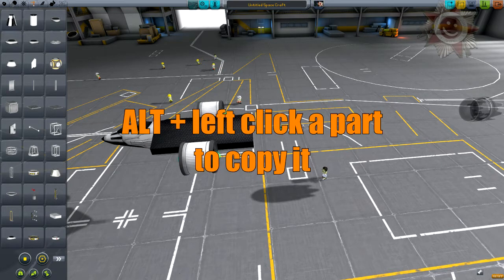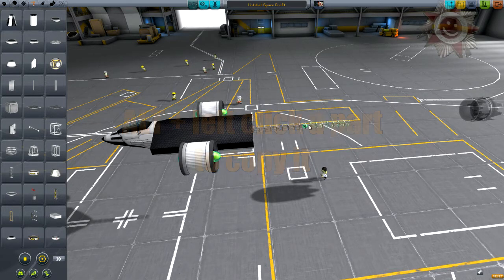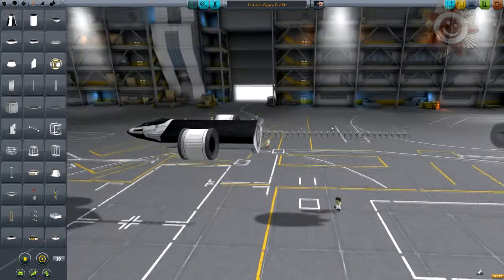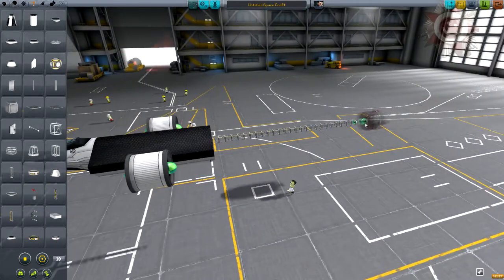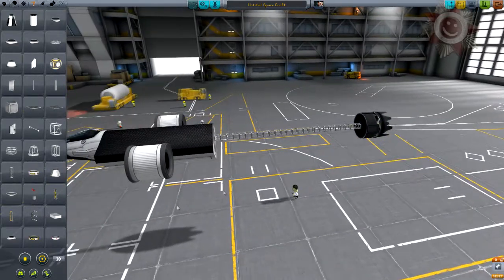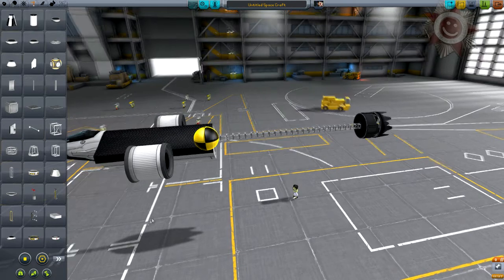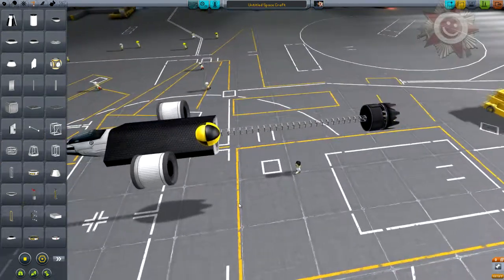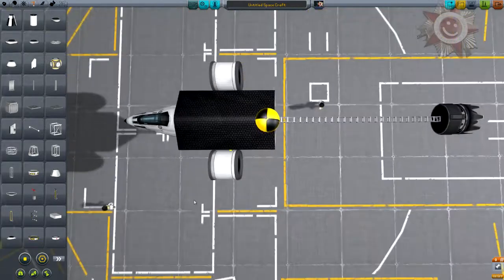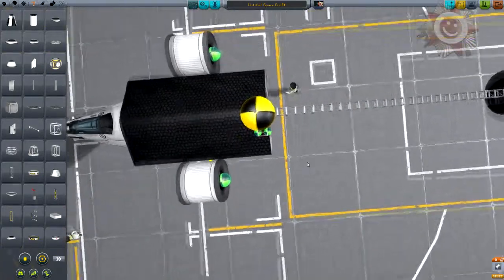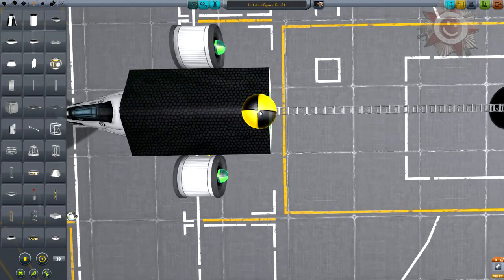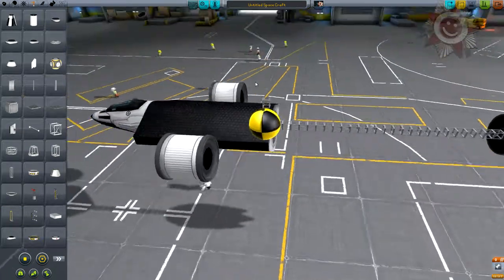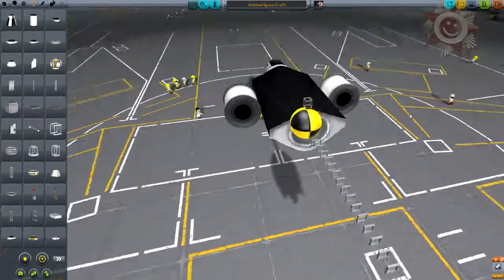What we are going to do here is see the center of mass and how it will change when the fuel drains. The center of mass when the tank is full is here. I'm going to mark the place with this cubic strut.